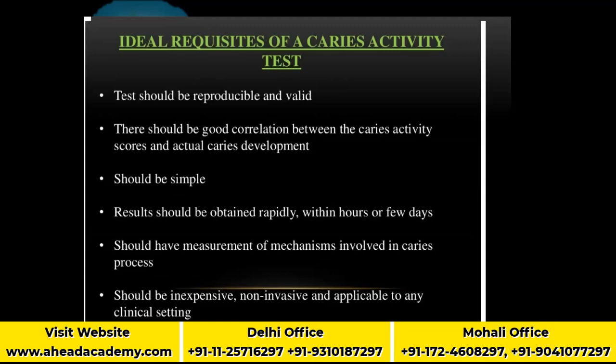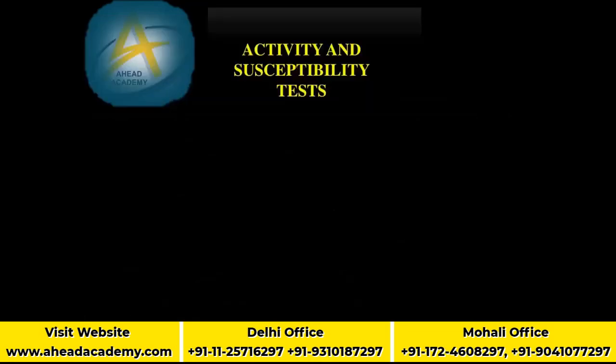It should measure the mechanism involved in the caries process, so that it is applicable to any clinical setting without being invasive in nature, and it should be less expensive.